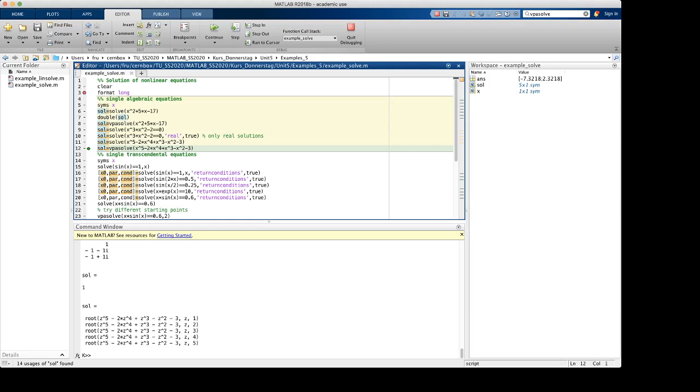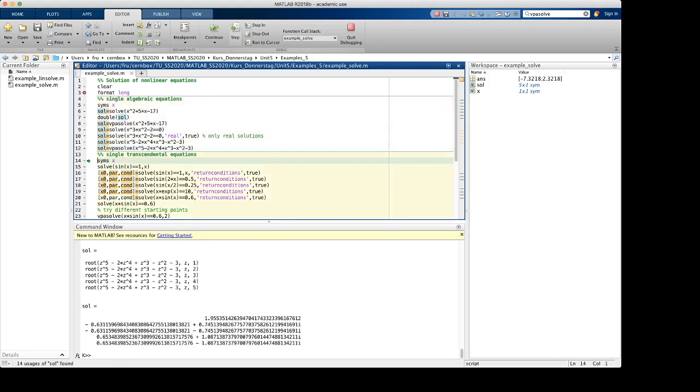In this case, it makes better sense to directly invoke vpasolve. This will return the 5 solutions, one of which is real, and the other ones are two pairs of conjugate complex numbers.